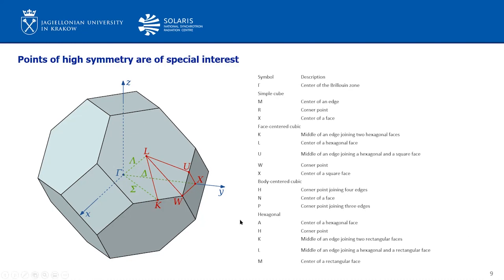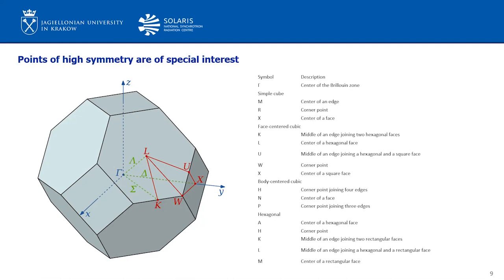I would like to ask about the high symmetry points which you can measure when you change the energy. For different planes, you can measure.